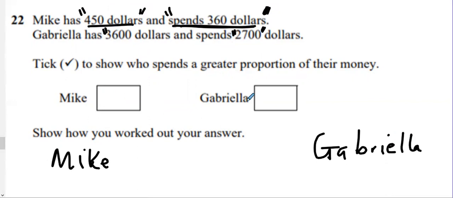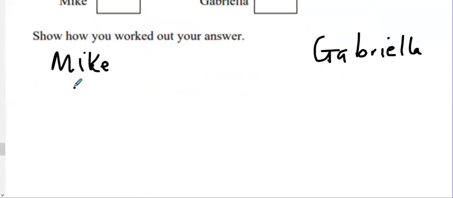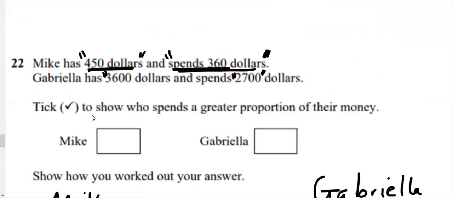Now, how do we do that? Let me start with Mike. How can we write $360 as a percentage of 450? It's simple. You take the expenses, which is $360, divide by 450. This is a fraction: 360 is your numerator, 450 is your denominator.